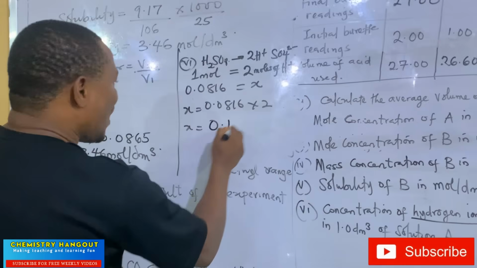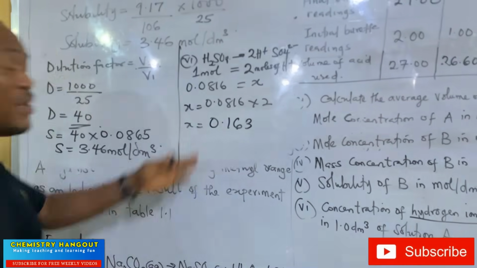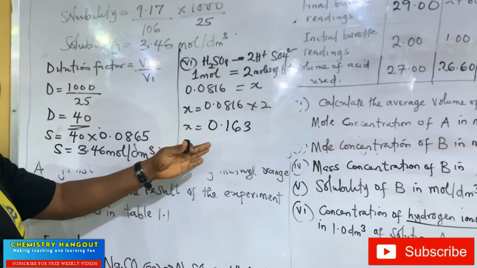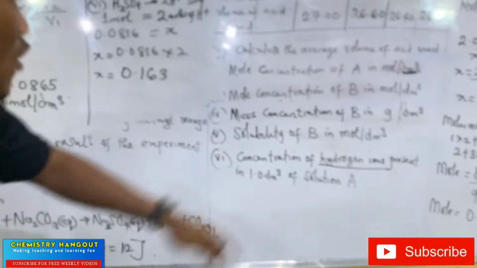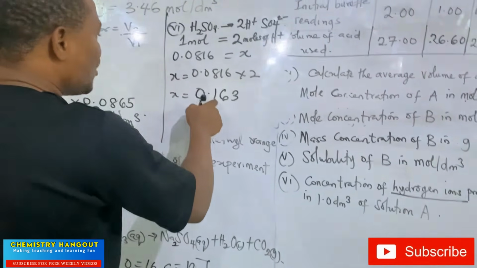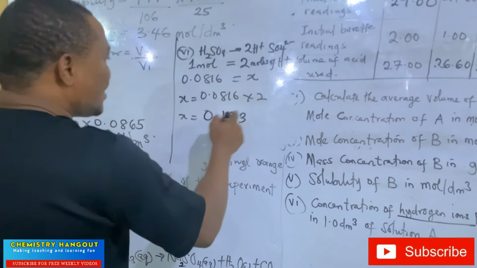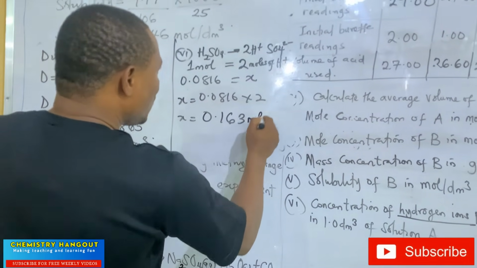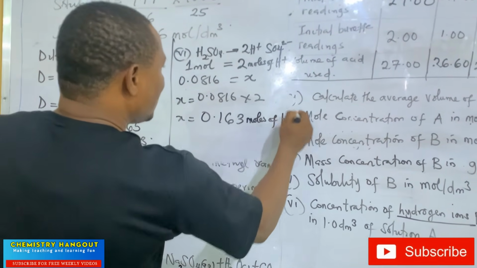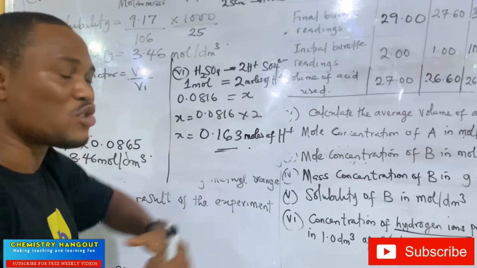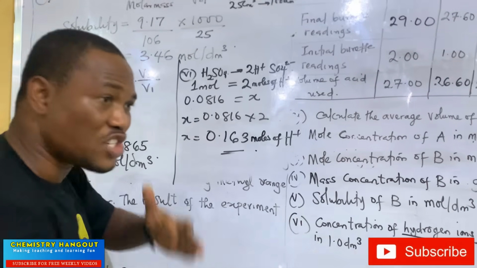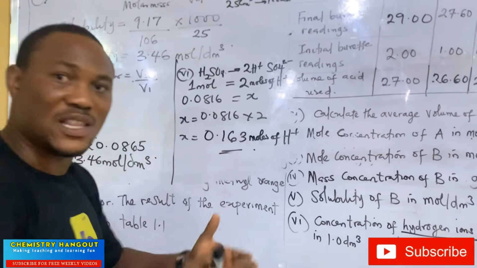So let me leave it at 3 significant figures, 0.163. So concentration of hydrogen ion, the number of hydrogen ion that we have is 0.163 moles of hydrogen ion. We call it stoichiometry in chemistry, just the relationship between the reactant and the product.